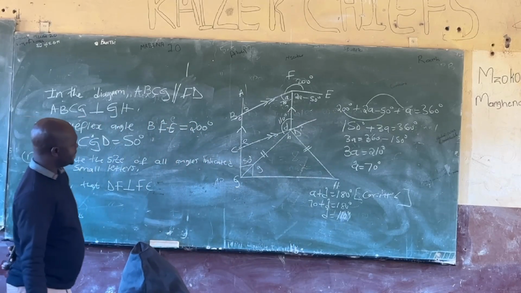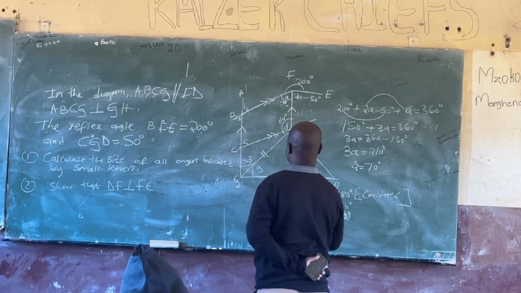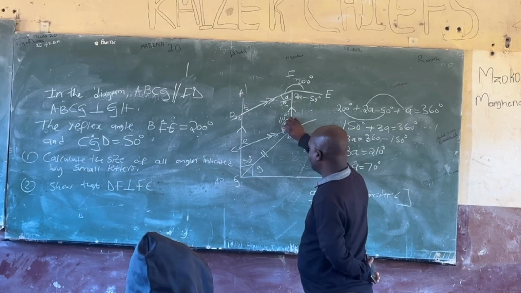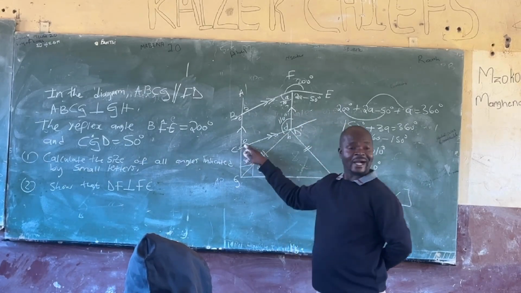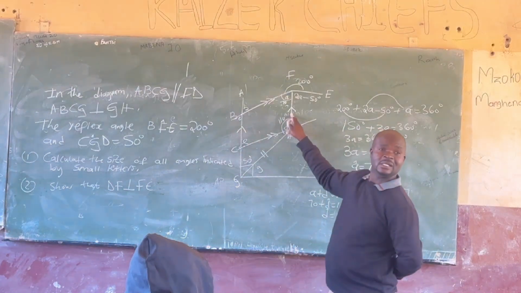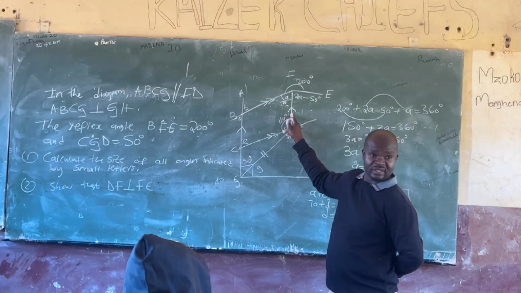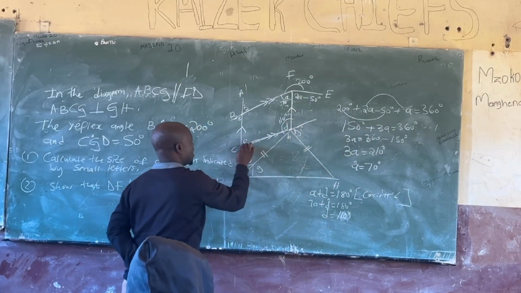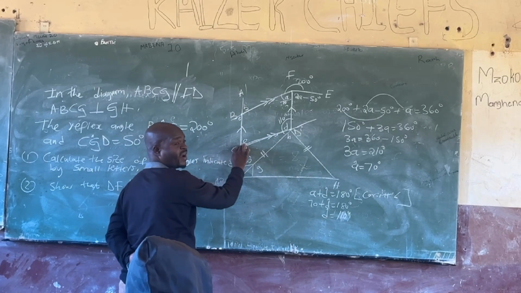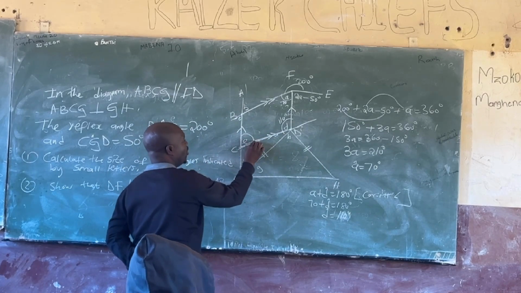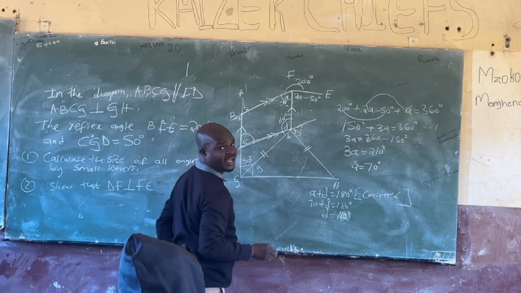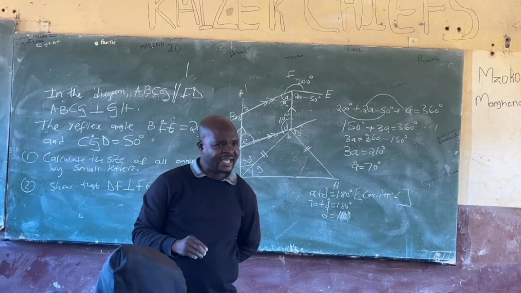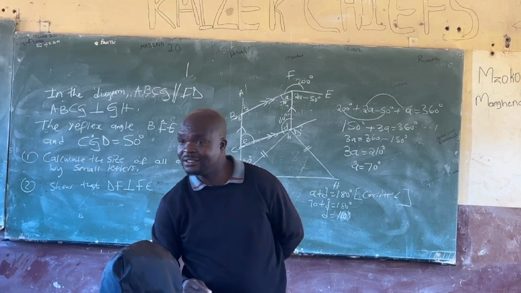Check now. If this is 110 degrees, can you see that we have these two, which is E, and these two lines are parallel? We can use one reason here. And then if you check here, we have co-interior again. This one plus this one is 180. Don't forget, the opposite angles of a parallelogram are equal.